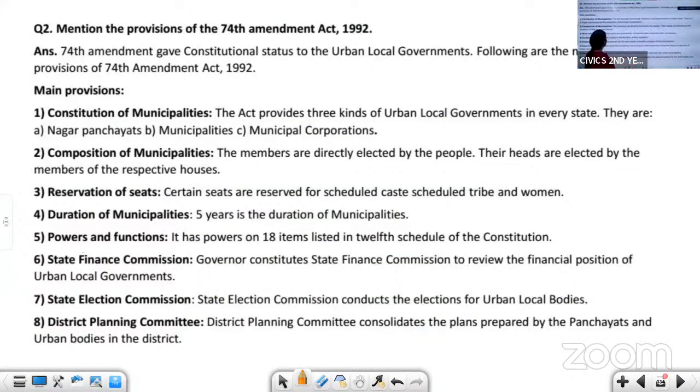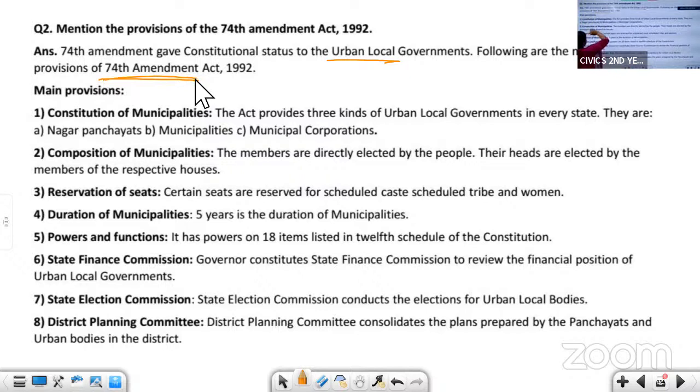Now coming to your 74th Amendment Act. Okay, 74th Amendment Act gave constitutional status to urban local government. When we say urban, that is cities and towns. Urban local government has got constitutional status through the 74th Amendment.